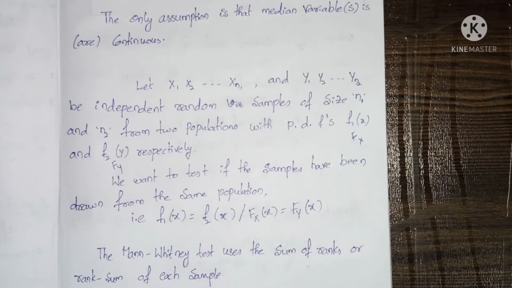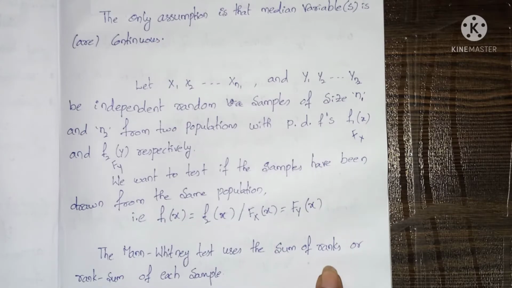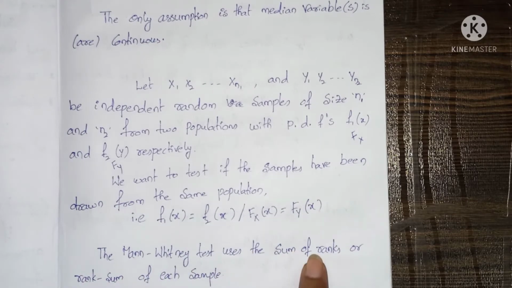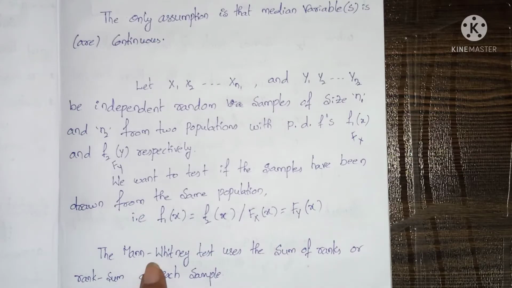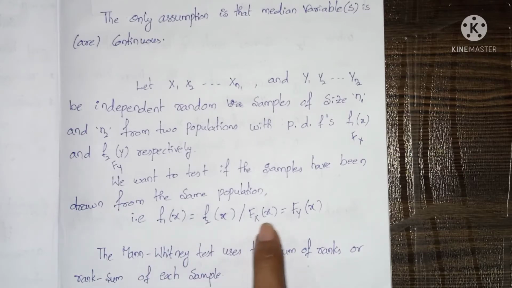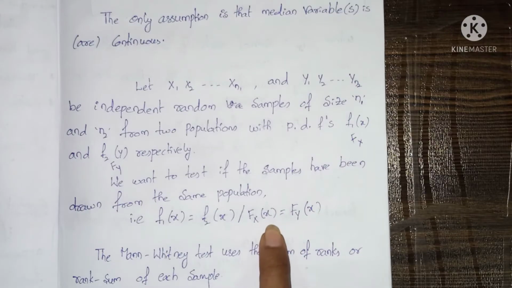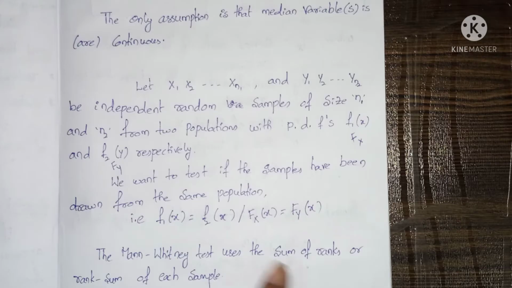The Mann-Whitney U-test procedure uses the technique of sum of ranks, or else we can also call it rank sum. That is the technique it uses in order to test this.